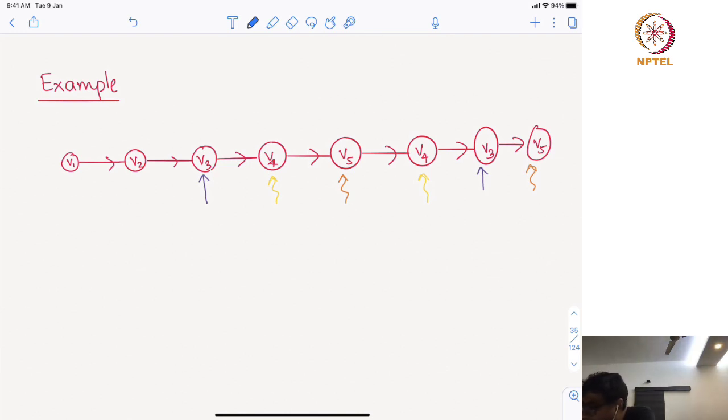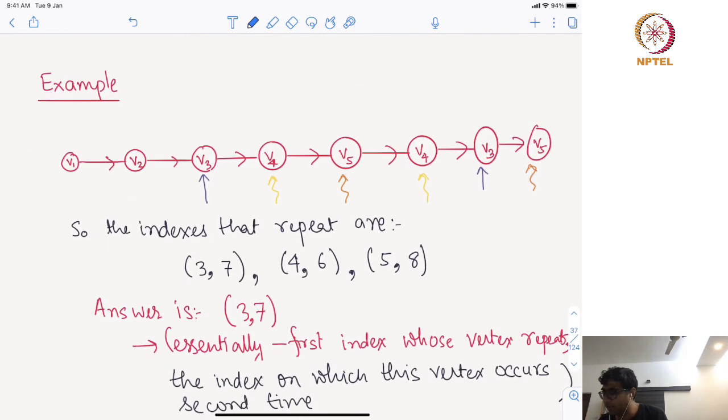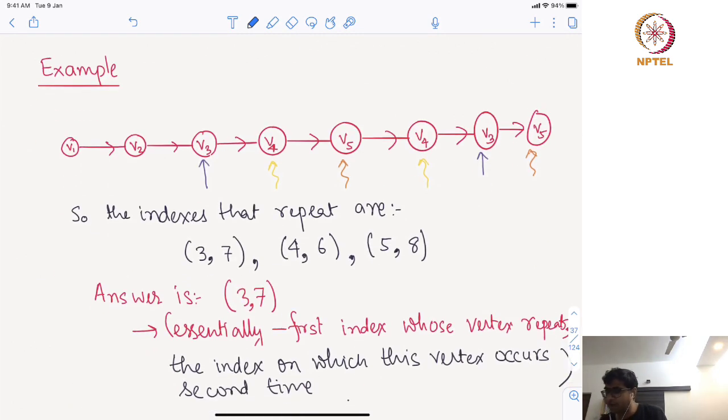So, the indices that repeat are 3 and 7, 4 and 6, and 5 and 8. If, for example, 3 had occurred 3 times, then you would have had pairs for all of those. So, among all such indices that repeat, what is the lexicographically smallest?